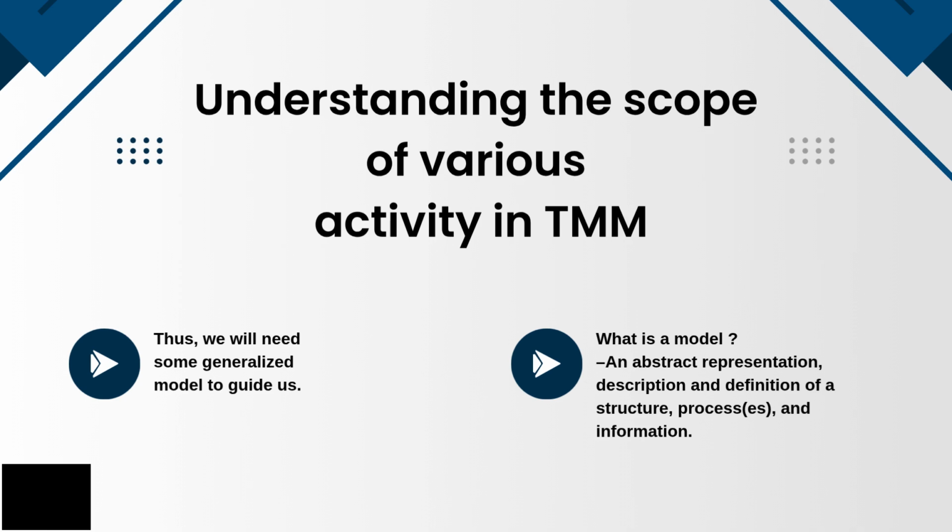Next, what is a model? A model is an abstract representation, description, or definition of a structure, process, or information. Simply put, a model helps us understand something that is complex in a simpler and more organized way. It does not show every detail of the real situation, but it focuses on the important elements so that we can better understand and analyze a system or process.